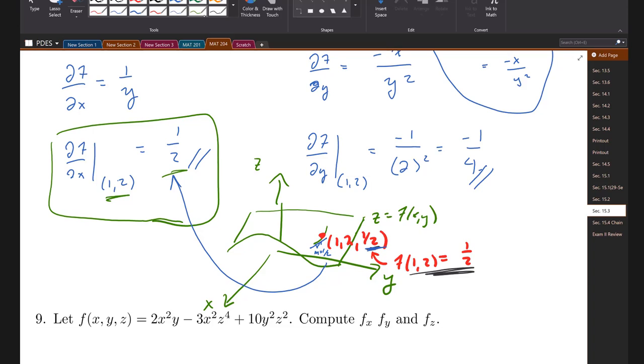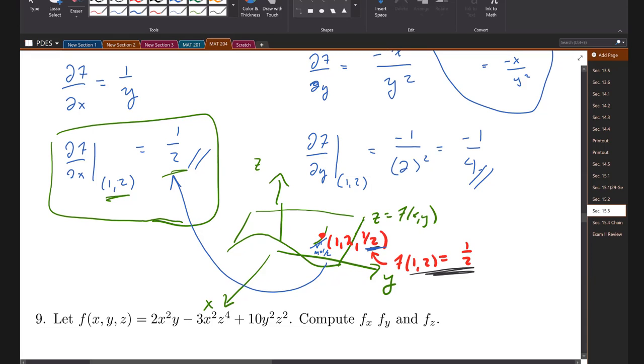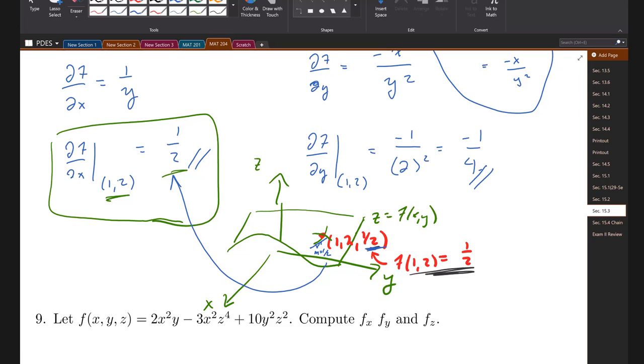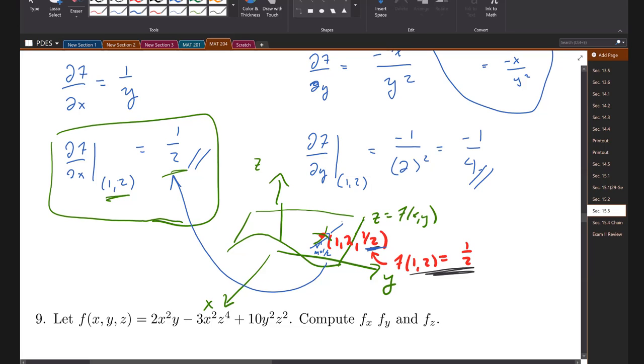And then we're saying that if I go along the positive y direction, and again, this picture's getting cluttered, but if I compute the slope of the tangent line right there, it would be negative 1/4.